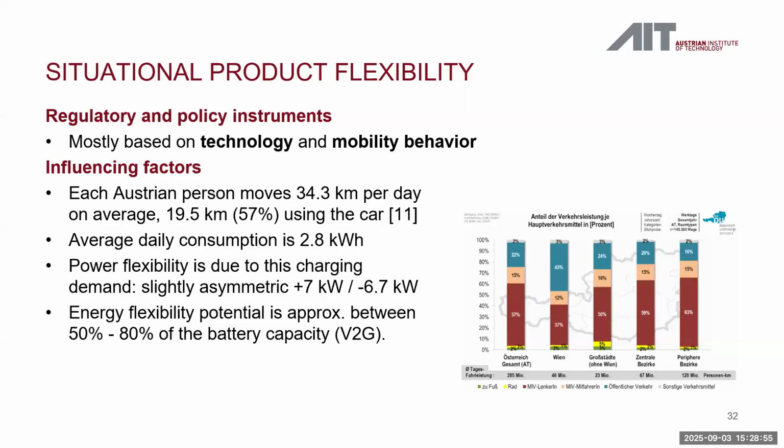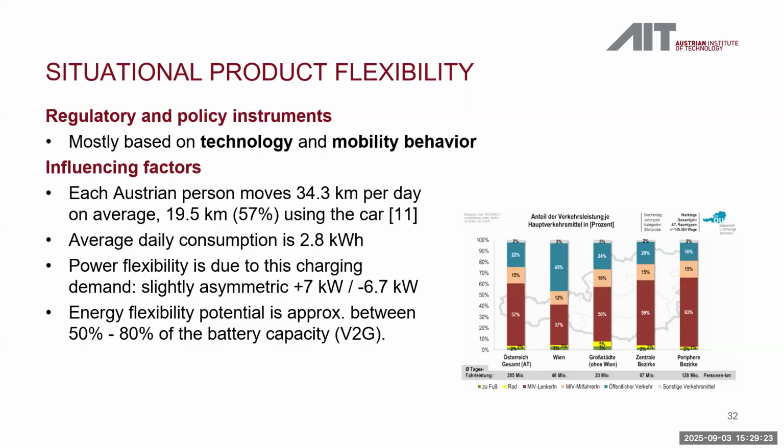And among that, 19.5 kilometers are covered by car. And with these numbers, we know that the average daily consumption is around 2.8 kilowatt hours. Of course, we also have to take into account that the EV consumes some electricity even when parked, but let's say roughly 3 kilowatt hours.